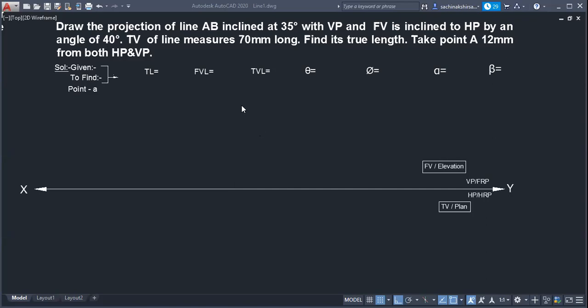Which is that phi angle? Correct. Angle made by true length with whom? With VP. Where is VP? Above XY or below XY? Below XY. And where is HP?